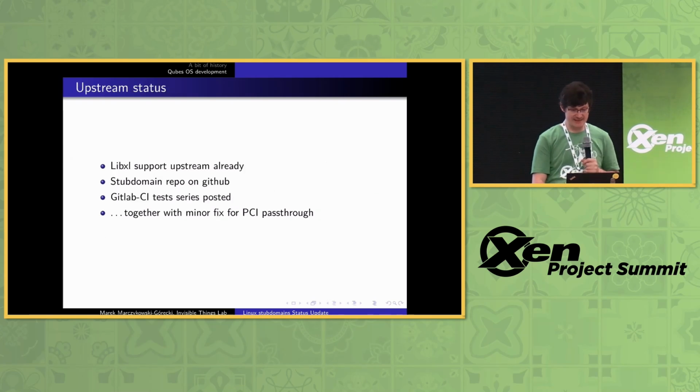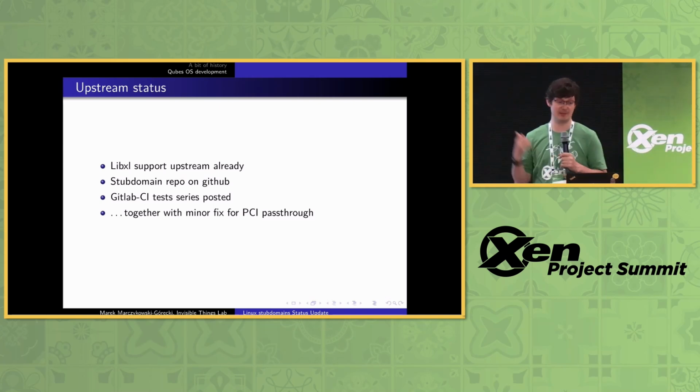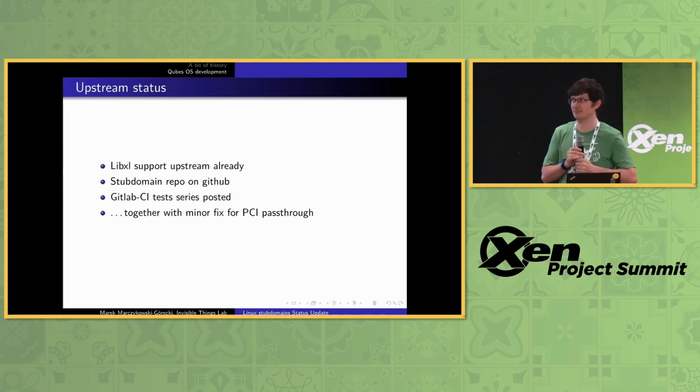Yeah. So what's the upstream state of this work? The libxl support is upstream for a long time. The Stubdomain current repository, the Qubes version, is working in production for a long time, but there is a branch stripped from all the Qube-specific parts, with everything that is just for upstream libxl.